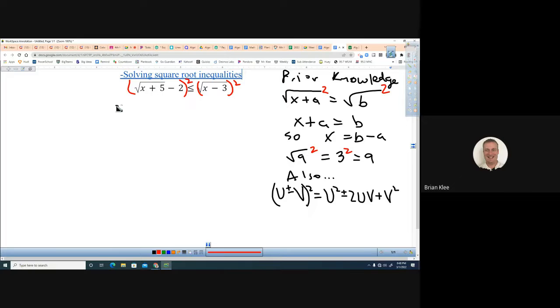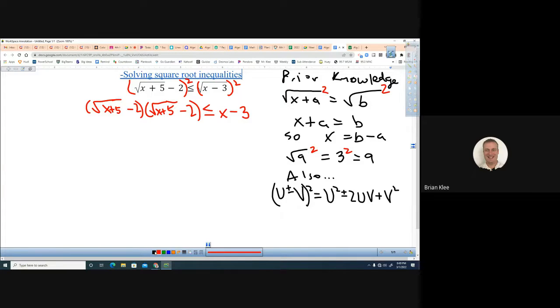So we would ultimately have x plus 5, minus 2, multiplied by itself, because squares or exponents of 2 tell you you're multiplying some quantity by itself twice. And on the right side, things get really simple really fast. It's just x minus 3. The square cancels out the square root.